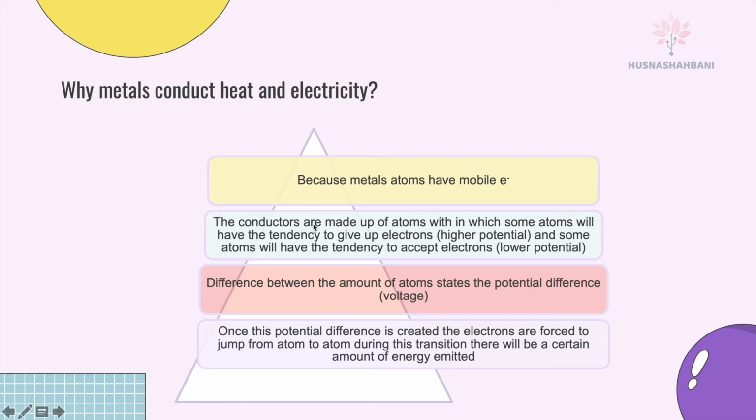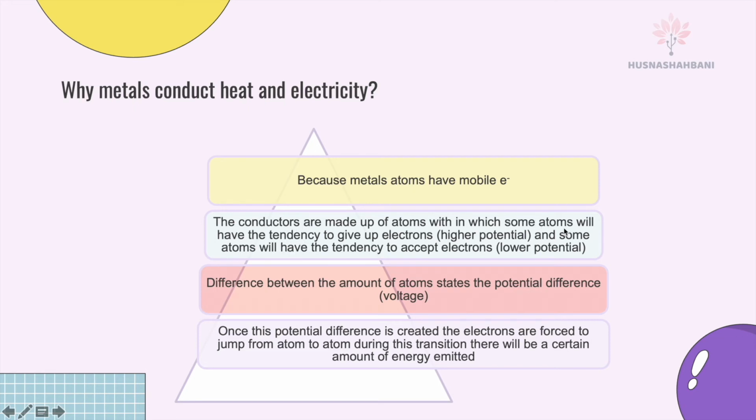Conductors are made up of atoms, within which some atoms have the tendency to give up electrons, at higher potential, and some atoms have the tendency to accept electrons. So this is the description for conductors.